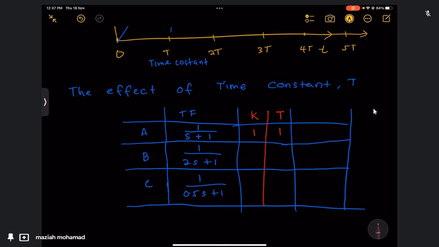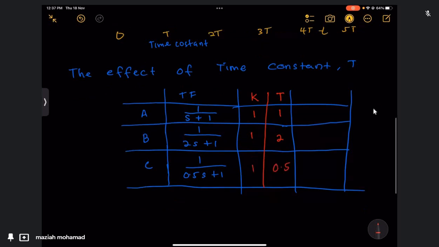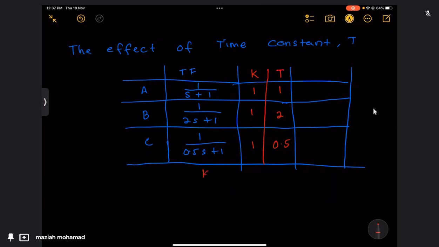How about system B? K is 1, T is 2. Correct. How about C? K is 1, T is 0.5. So you just compare to the general transfer function K over 1 plus Ts. Compare the constant value for s, which is the time constant, and the value of the numerator, which is K.